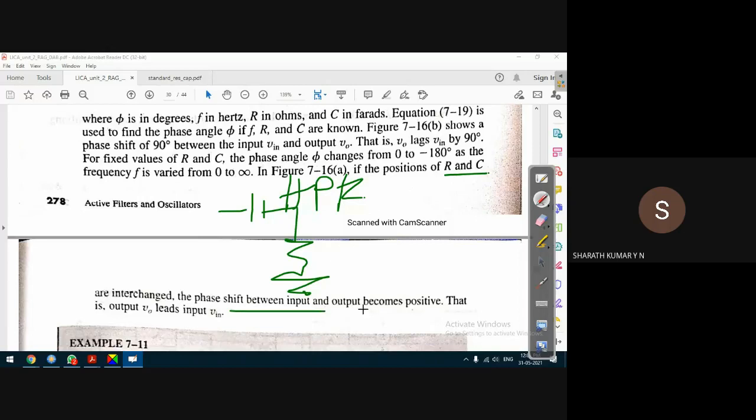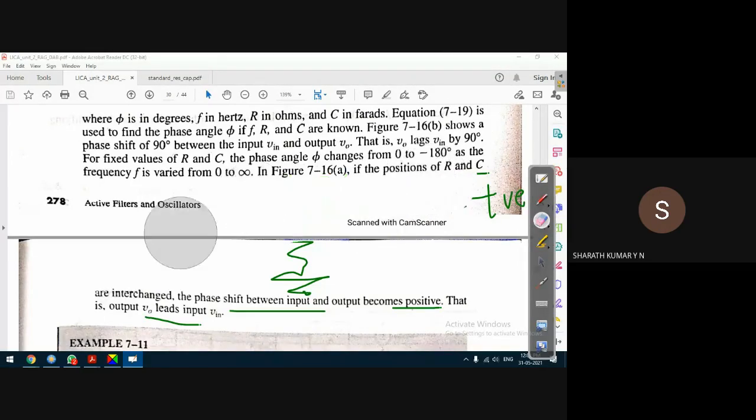The phase shift between the input and output becomes positive. Now it is negative for a low pass filter. It becomes positive for a high pass filter configuration. That is, V0 leads the input voltage.